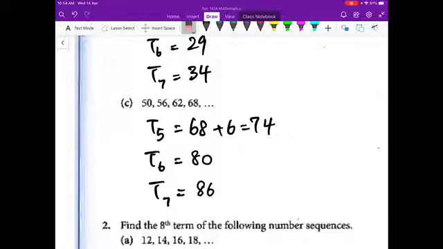Then 56 to 62, there's another addition of 6. Then 62 plus 6, you get 68. And that's where Fari said, oh, 68 plus another 6, you get 74. So this is called term number 5. T5 for term number 5, we have 74. Then term number 6, you add another 6. Term number 7, you add another 6.